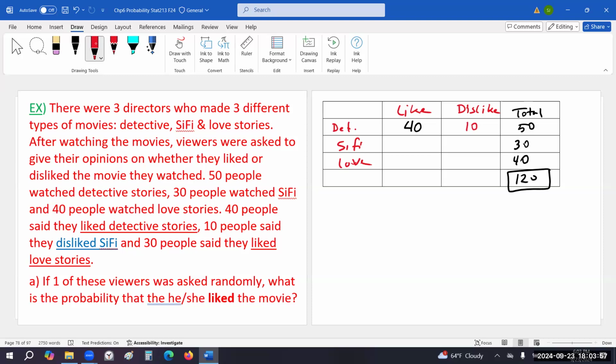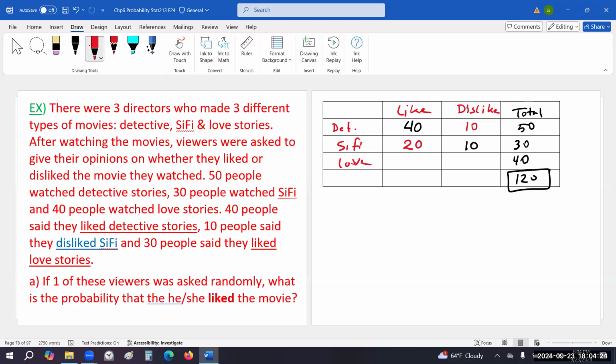Now, 10 people said they dislike sci-fi. Where do I put this 10? Sci-fi and dislike, so we put 10 here. That means how many liked sci-fi? 20, because we have a total of 30 people who watched sci-fi.